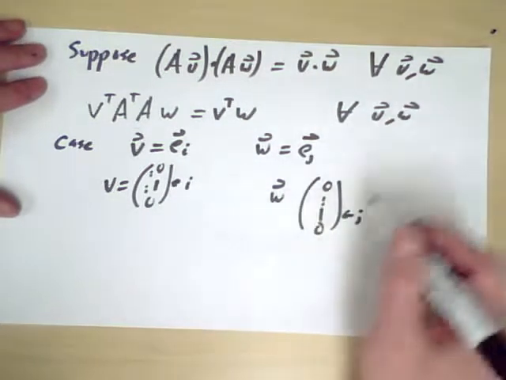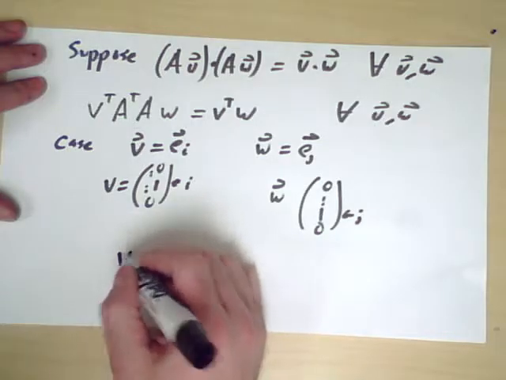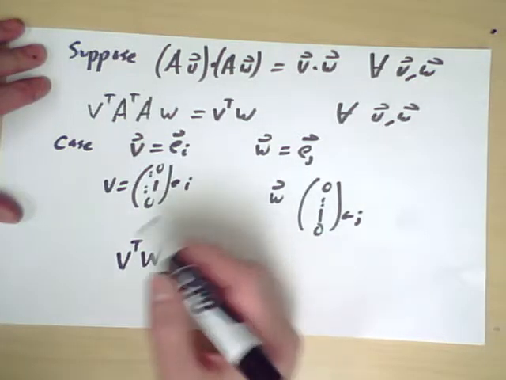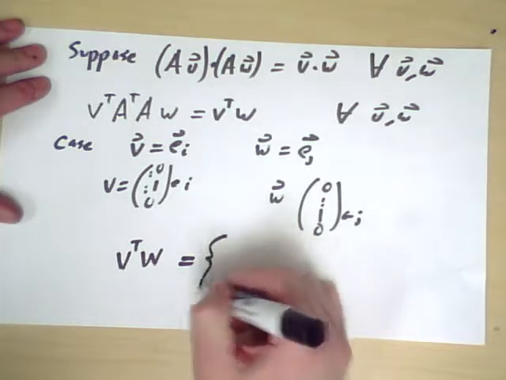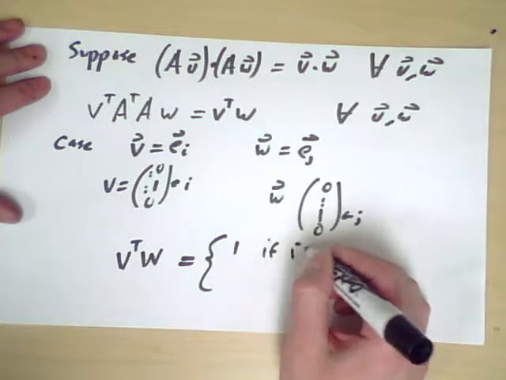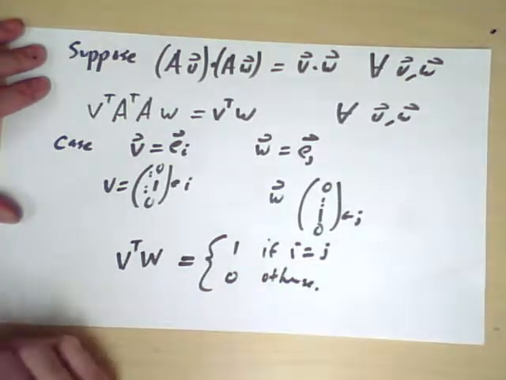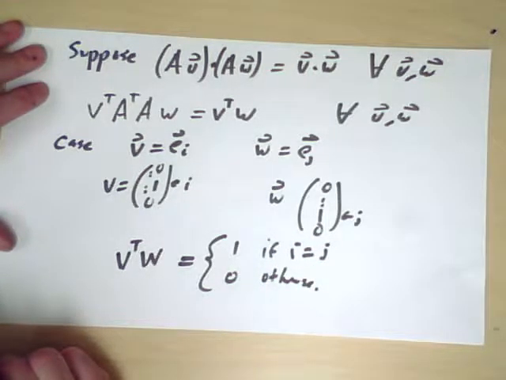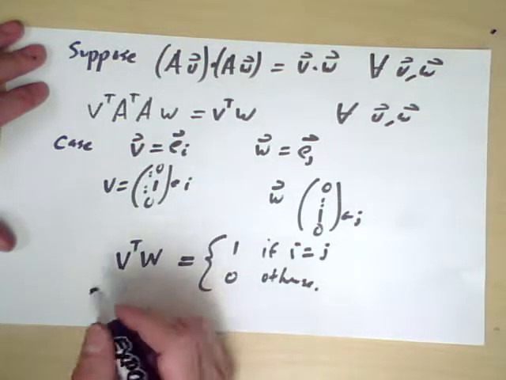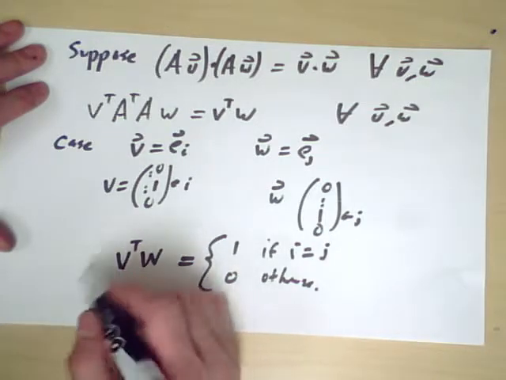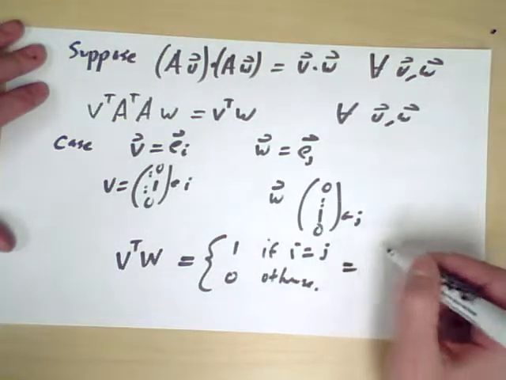In that case, of course, the right-hand side, V transpose W, is 1 if i is equal to j, and 0 otherwise. In other words, as a function of V and W, this is effectively the identity matrix.